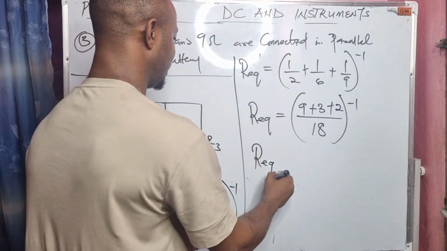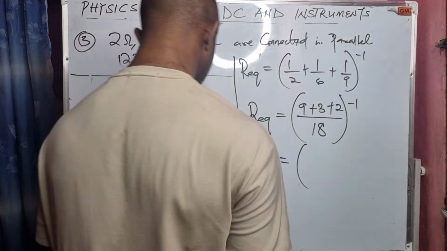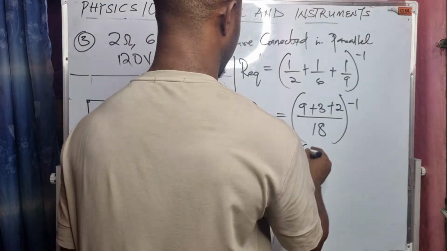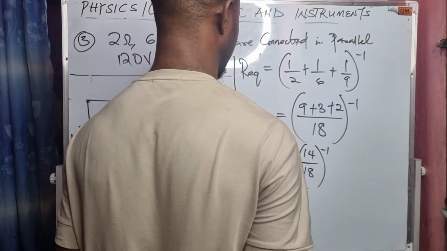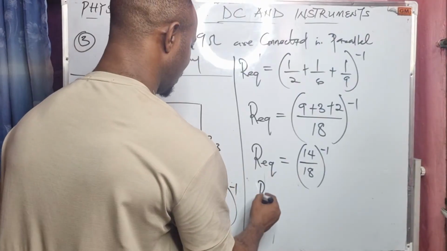So our equivalent becomes 9 plus 3, that is 12. 12 plus 2, we have 14. 14 over 18 to the power of minus 1, right? Okay, so the next will give us our equivalent.